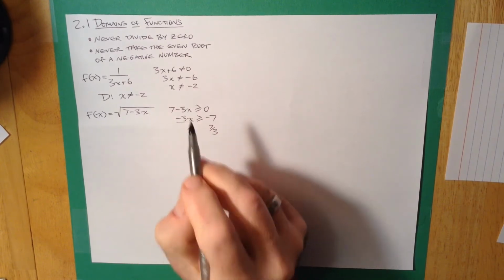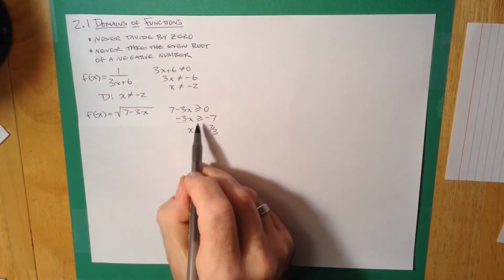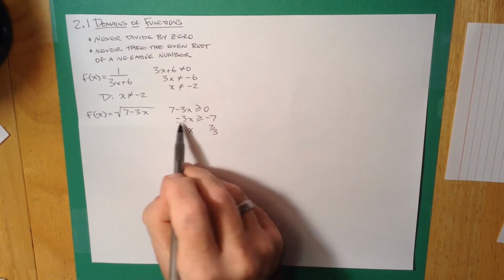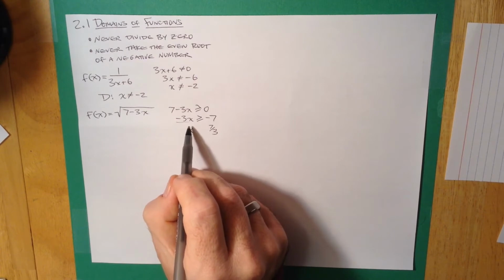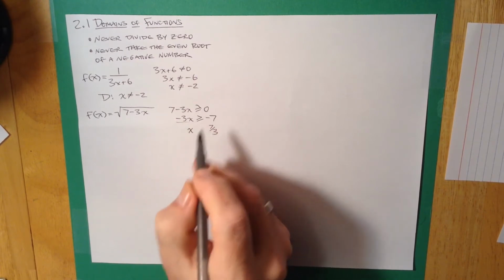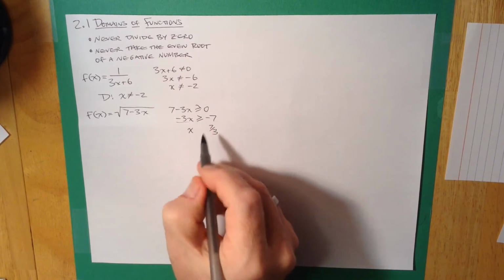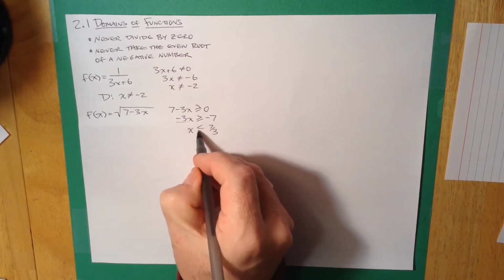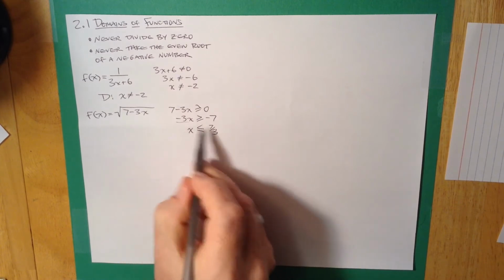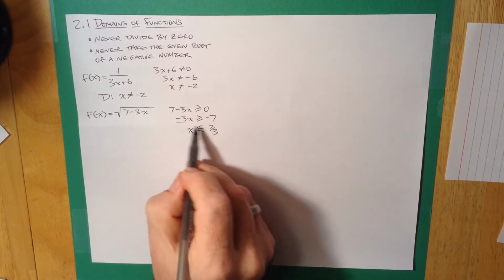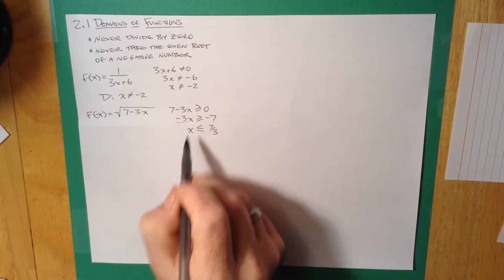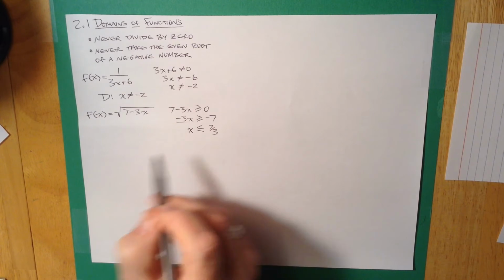Now, do you guys remember what happens to this inequality when you divide by a negative? I hope you do. Anytime you divide or multiply by a negative when solving an inequality, you have to reverse that inequality. So instead of being a greater than or equal to, it has to be less than or equal to. Here's a real easy reminder of why you must reverse the inequality when multiplying or dividing by a negative on both sides.